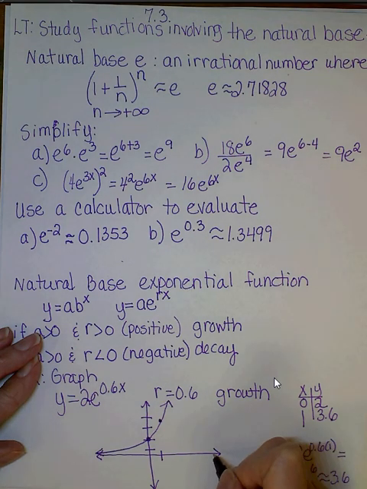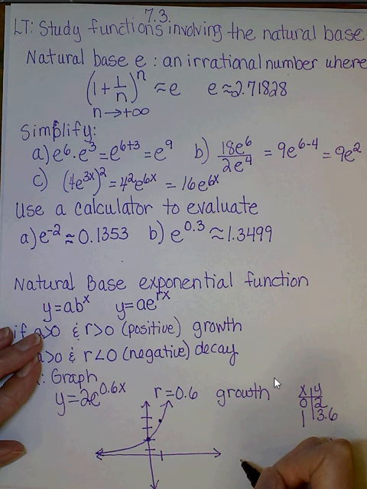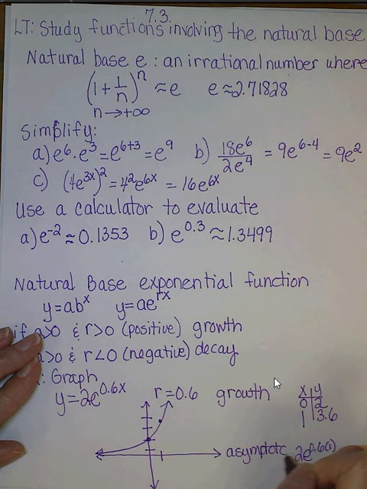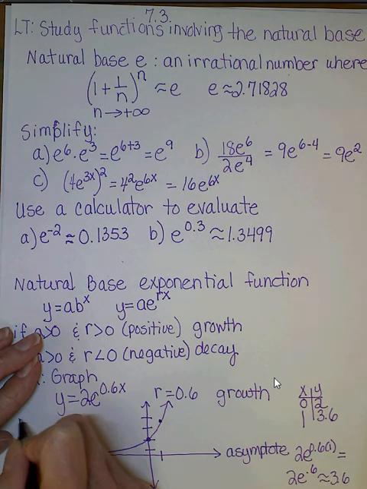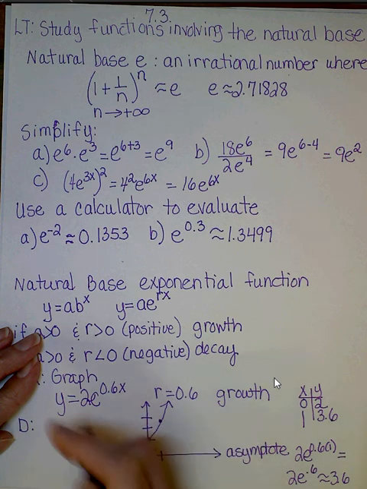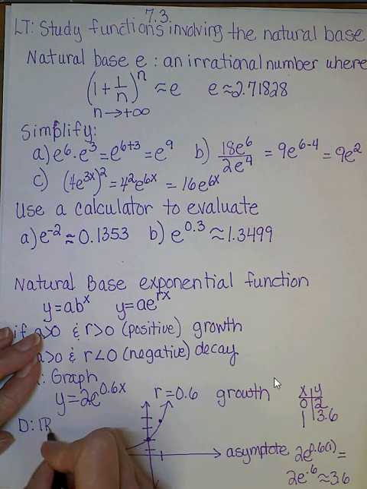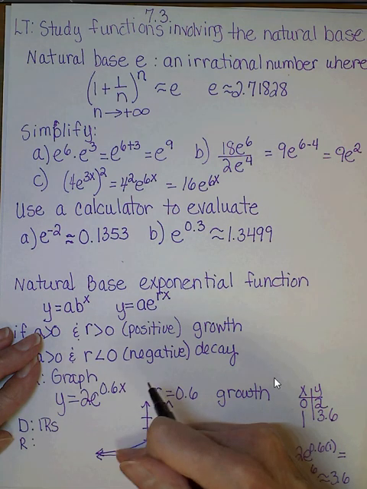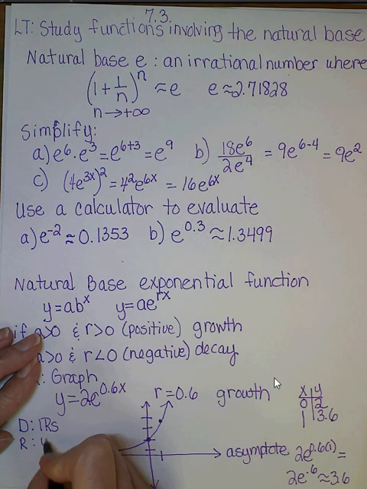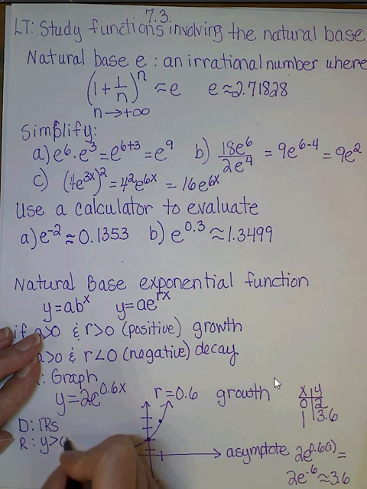So we have to approach this x-axis but not cross it. Then we're going to do domain and range. The domain is all reals. And this time the range, the y values go very close to 0, and then they get larger, but they can't equal 0.